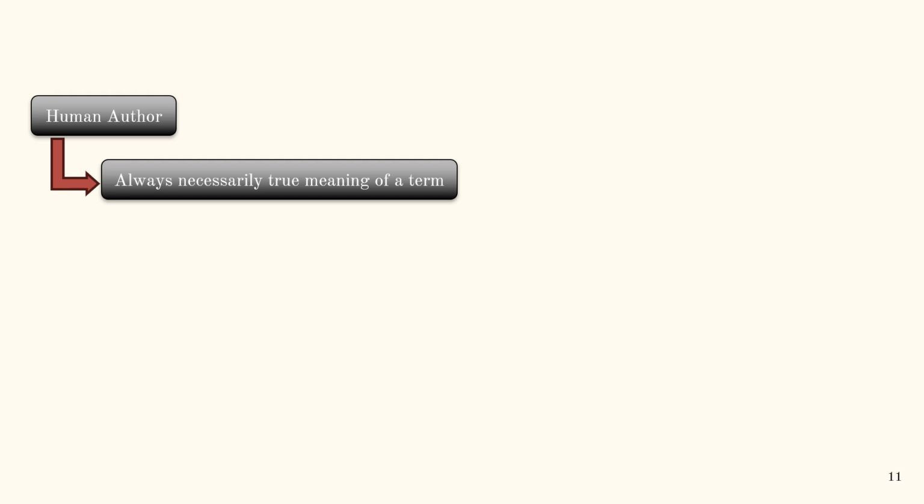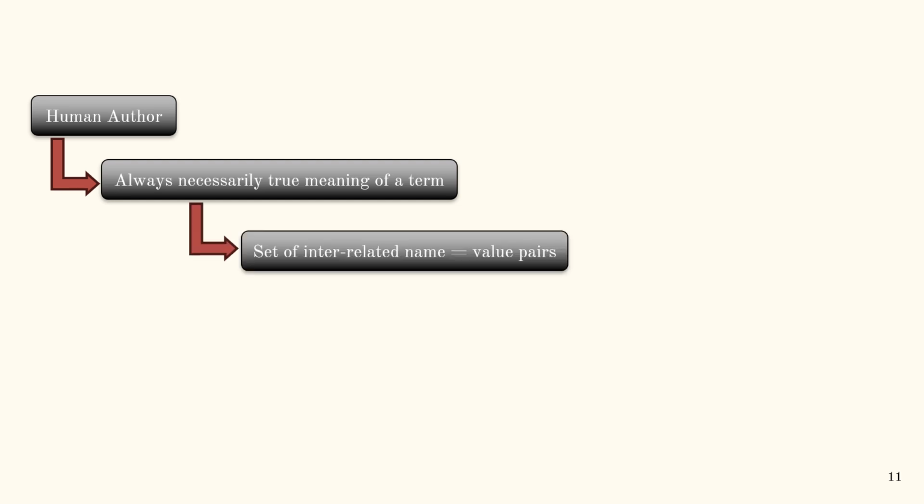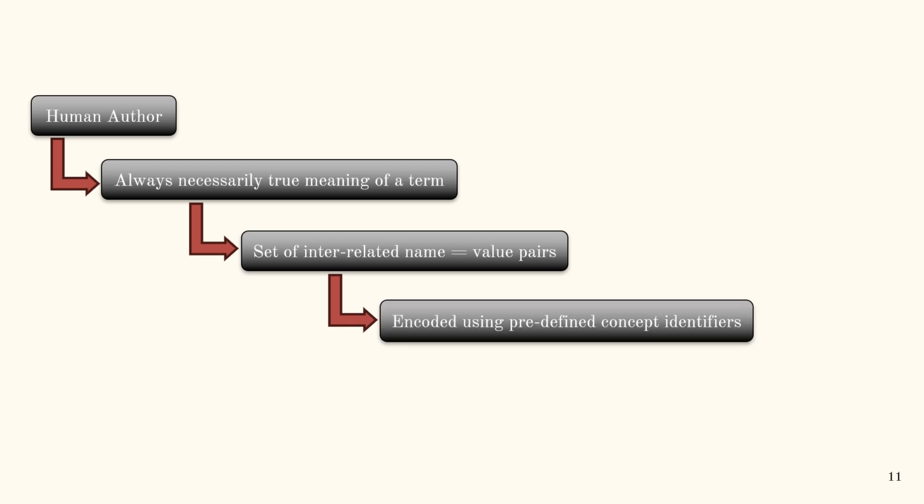So the process is as follows. Some human author would be writing the term's meaning, which is always necessarily true. That is, the human author must first describe or define the term's meaning. This is then set as a set of interrelated name-value pairs. This set of interrelated name-value pairs is encoded using predefined concept identifiers.